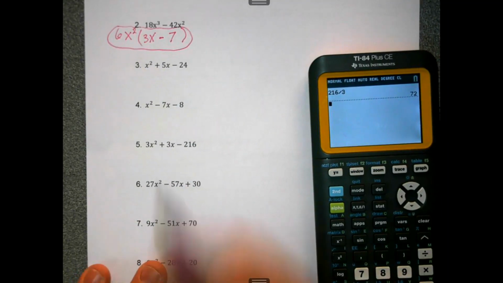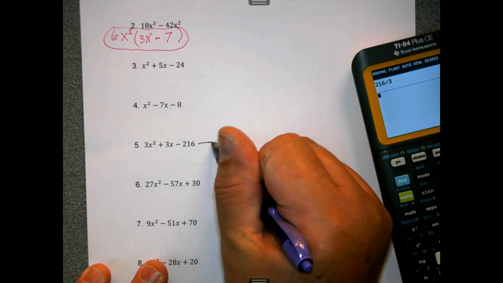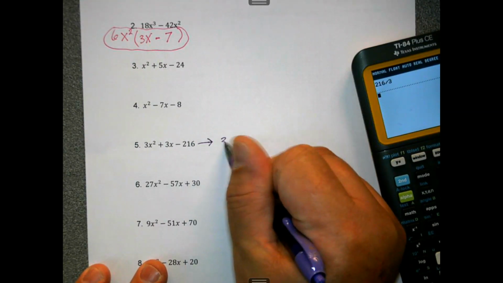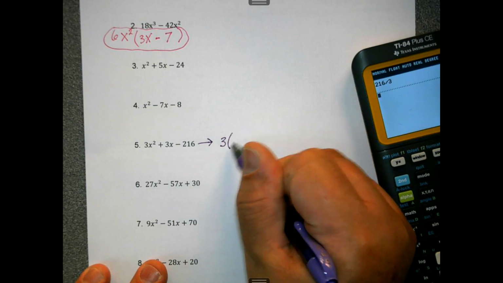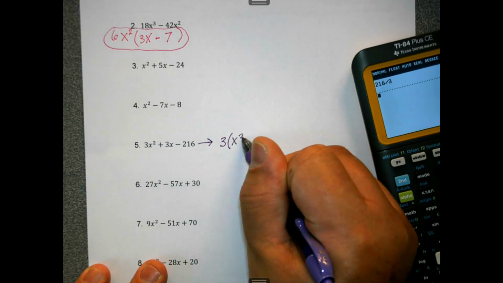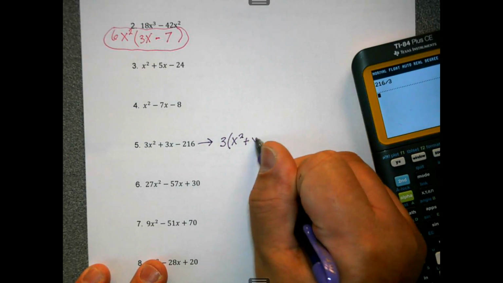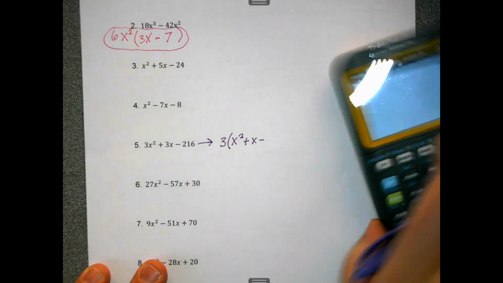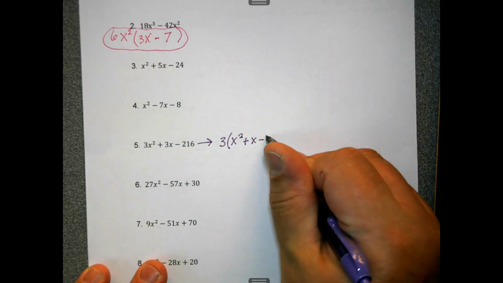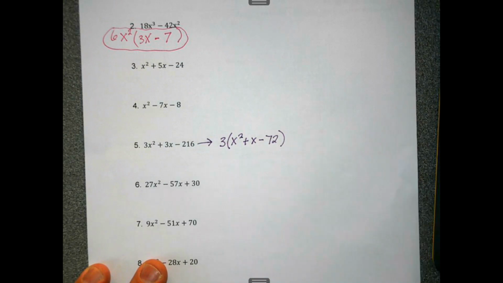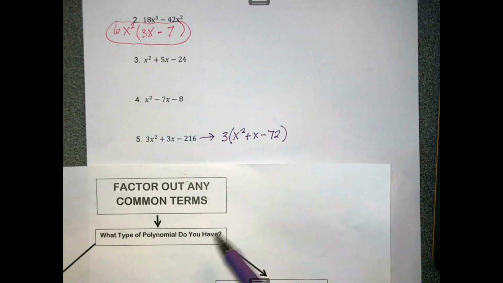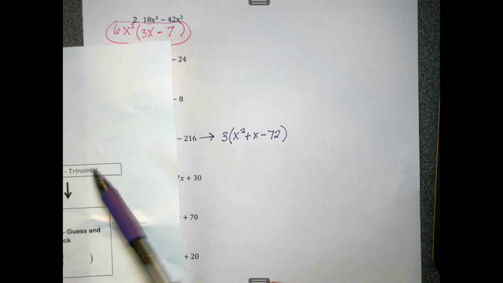So I can take a factor of 3 out, and I have x squared plus x minus, what was it again? 72. So now, just keep following my flow chart here. I factored out the common terms. What type of polynomial do I have?